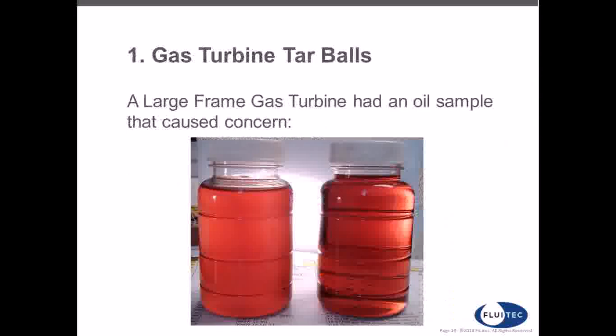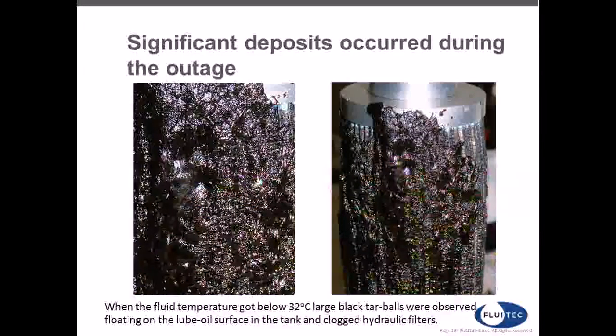And when they went into their outage, immediately what they saw is these little balls floating on top of the reservoir, and the filters started plugging up very quickly. They noticed specifically when the oil dropped below 32 degrees Celsius that suddenly their hydraulic filters were starting to plug.